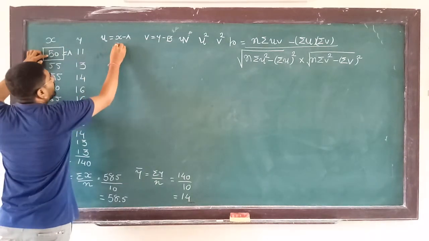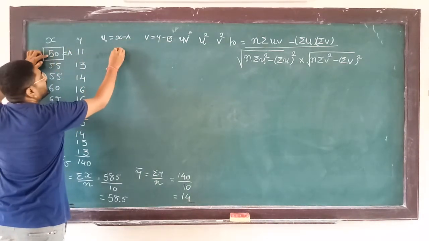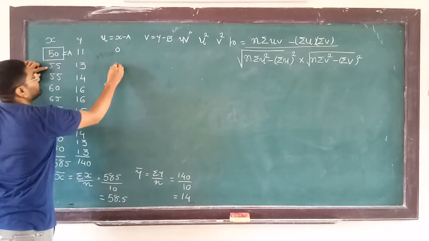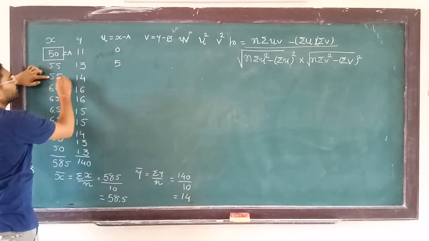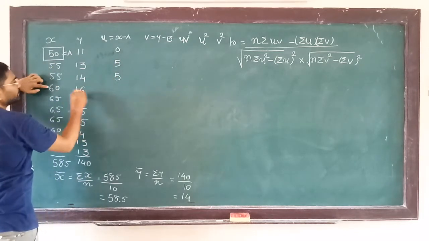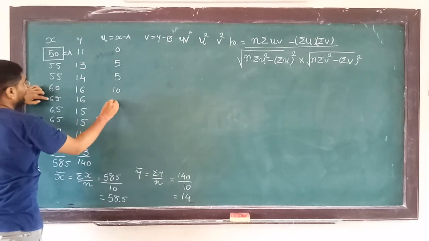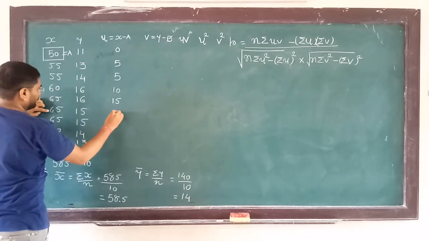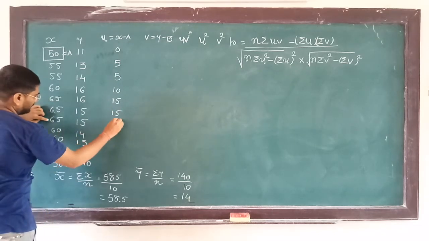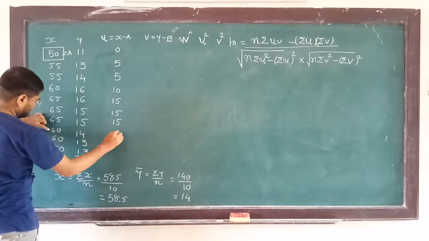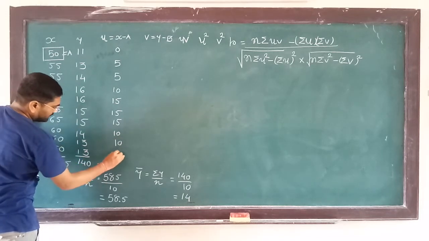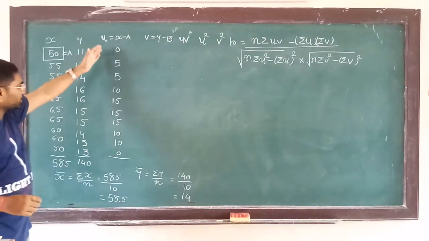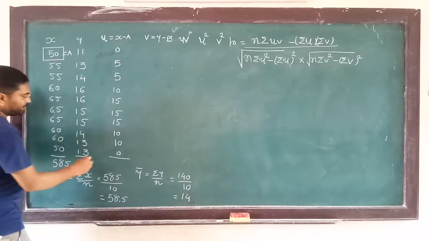Now x minus A: 50 minus 50 is 0, 55 minus 50 is 5, 5, 10, 15, 15, 15, 10, 10, and 0. The total of U is 85.